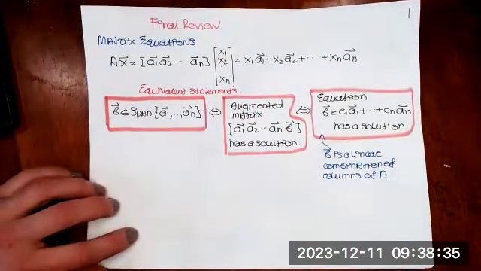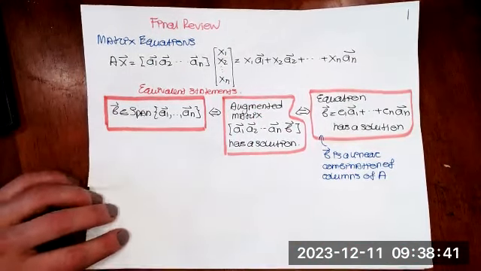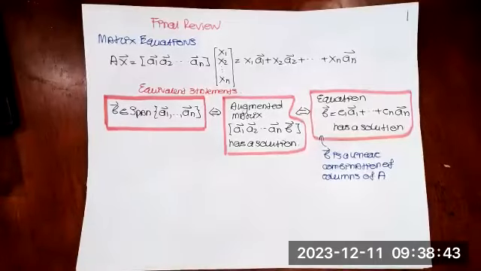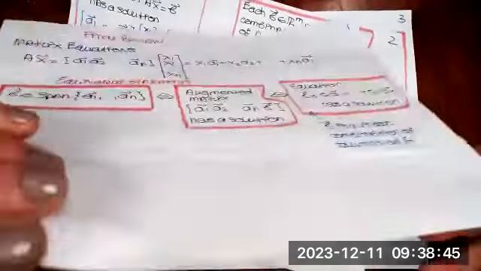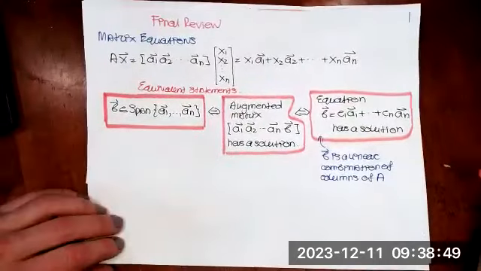That was the thing you don't do in college algebra. And then we had a bunch of theorems where all of those statements are equivalent. So I tried to summarize all of them so it's a little more organized.